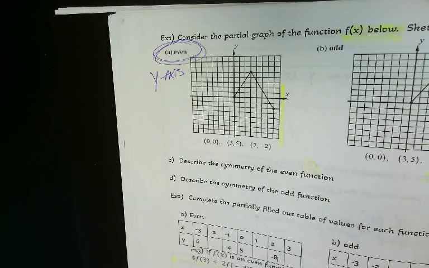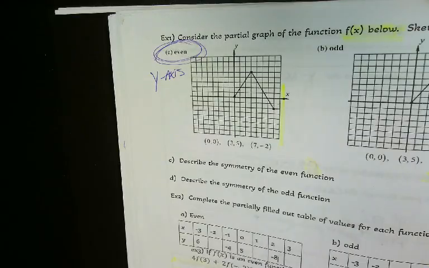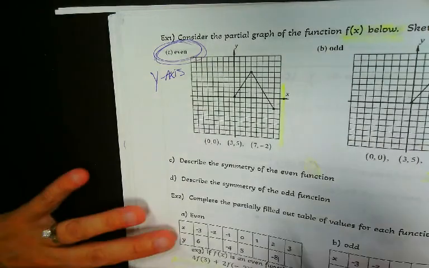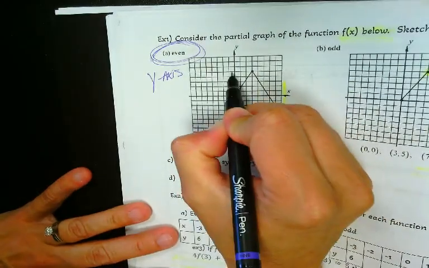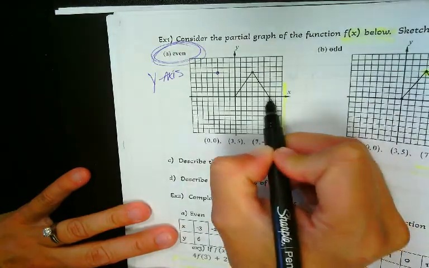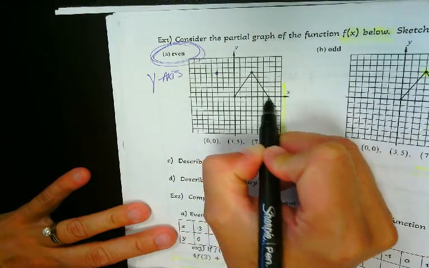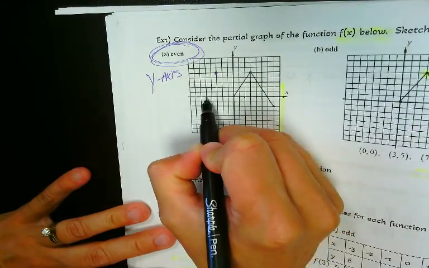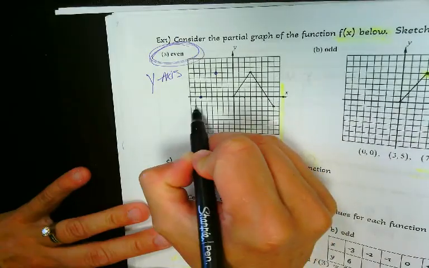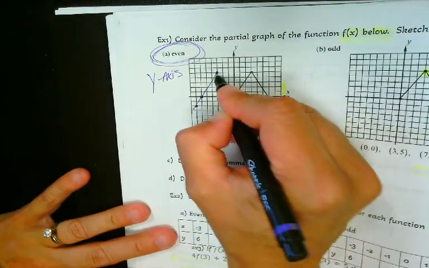See if your neighbor likes your picture after. You want to be symmetric to the y. So I think it should look like this.